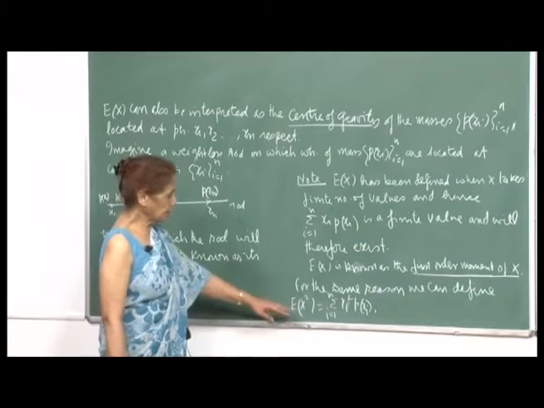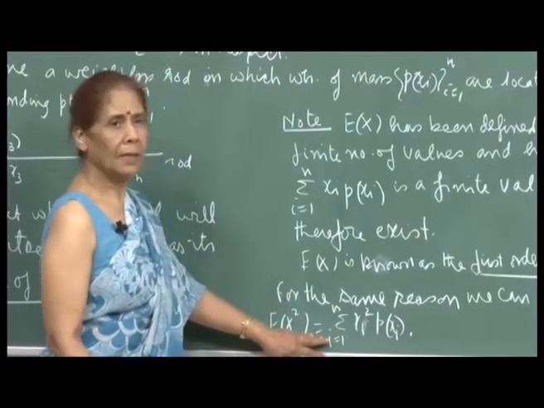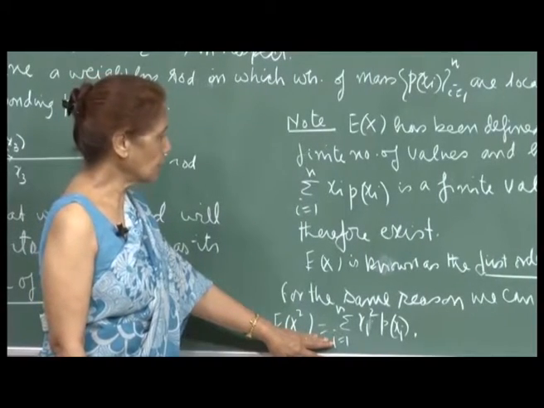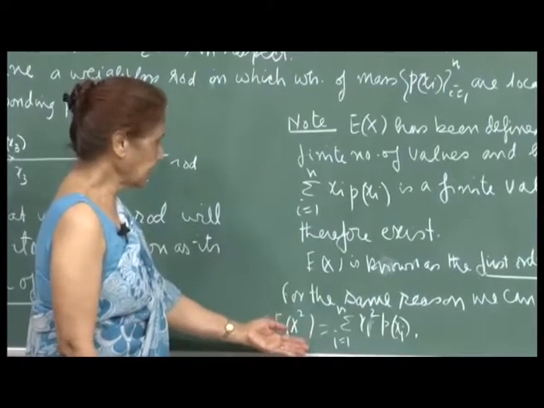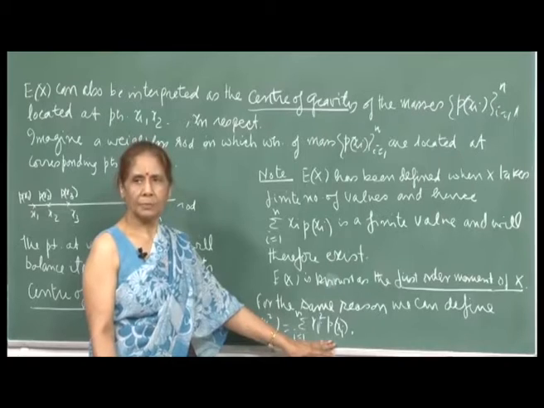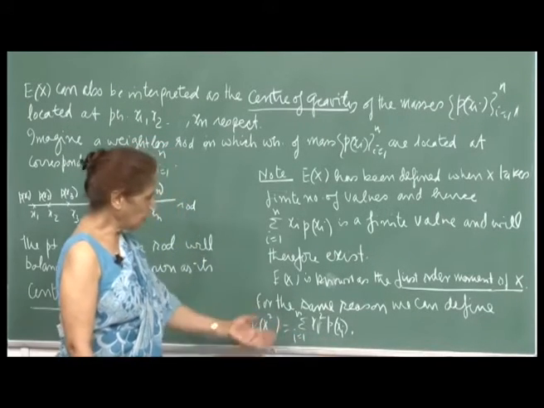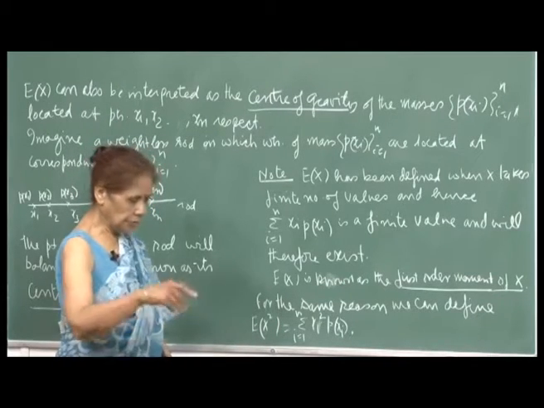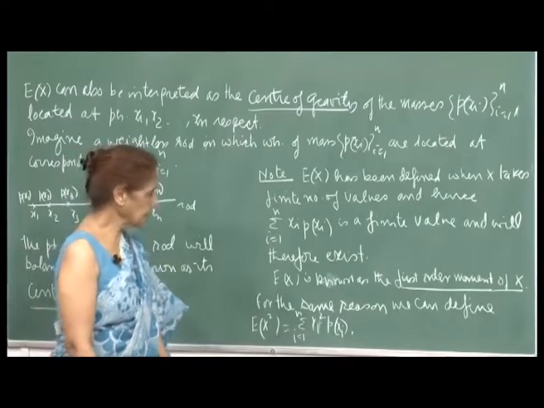Even if the random variable X takes countably infinite values, I can take any function of X and accordingly write down the expectation of that function of a random variable. We will formally define the expectation of g(X), when g(X) is some function of a random variable X.